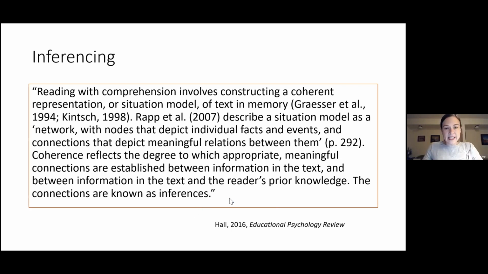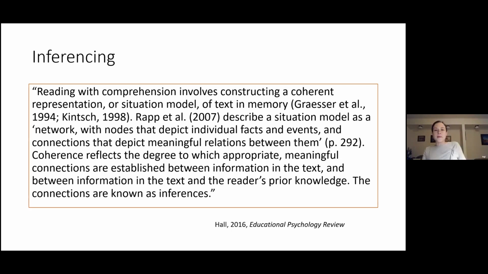So as you can see from this definition here, this is describing a mental situation model. If you picture inside your brain, there are these little facts, pieces of information, and our brain is reorganizing them and sending activation to different nodes when certain pieces of information light up, in quotes.